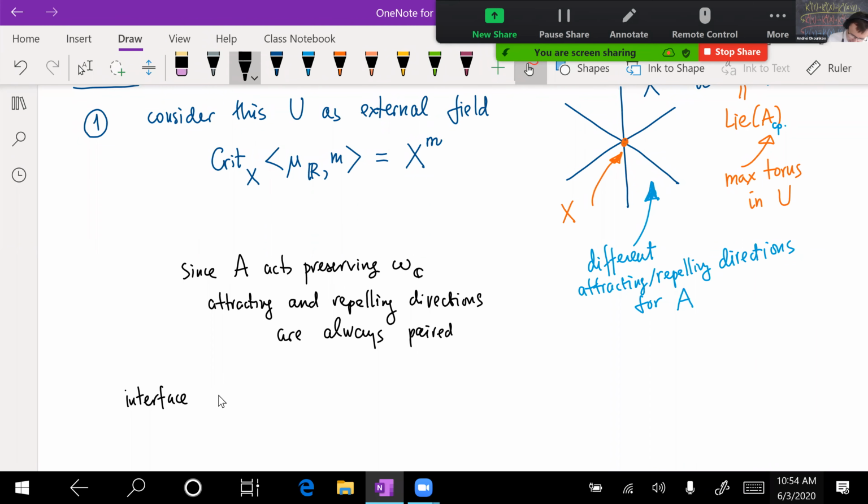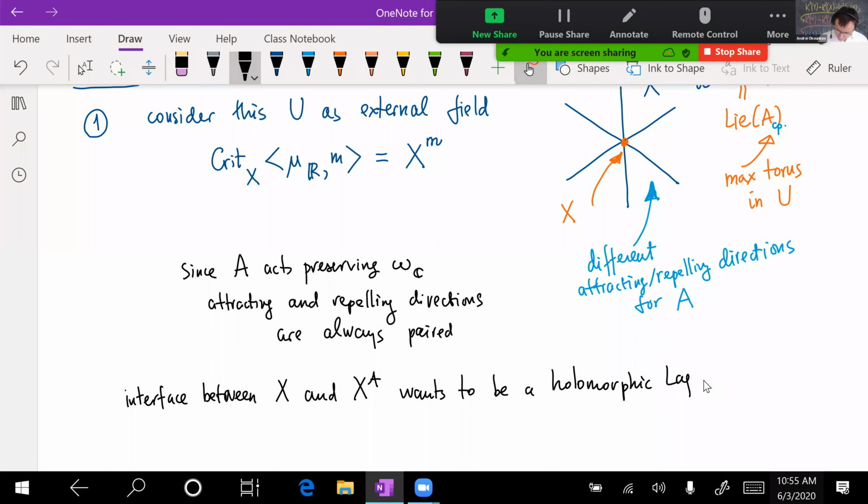So ideally it wants to be between x and the fixed locus, and first it wants to be a Lagrangian submanifold, a holomorphic Lagrangian submanifold.